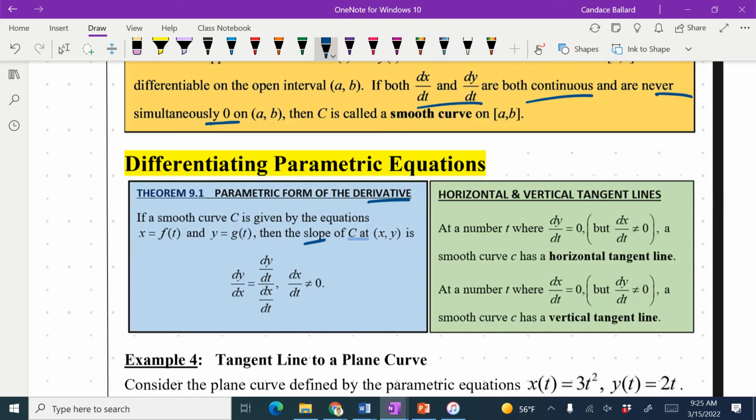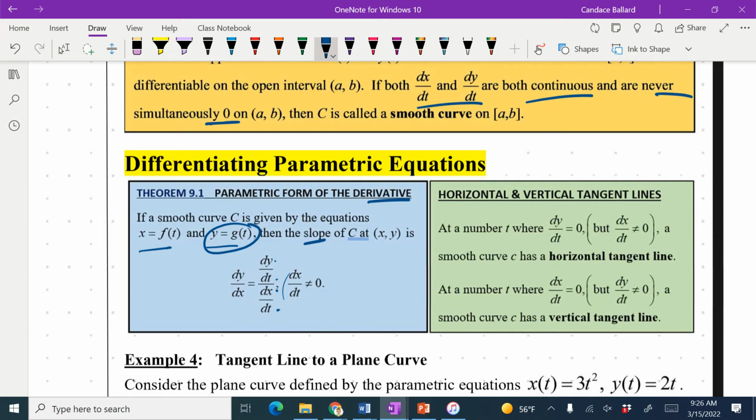The problem is that y and x are now separate equations. But y is an equation in terms of t, so we can take the derivative of y with respect to t, okay? And x is its own equation, so we can take the derivative of x with respect to t. And then, of course, the condition is that dx/dt cannot be equal to 0, because that would make it undefined, all right? So basically, you're going to do dy/dt over dx/dt. That's the derivative of a parametric, okay? So it's the only new thing you have to have learned, okay?